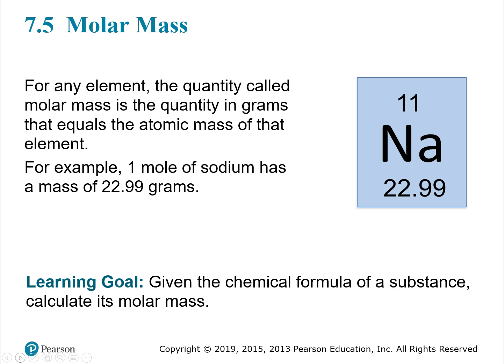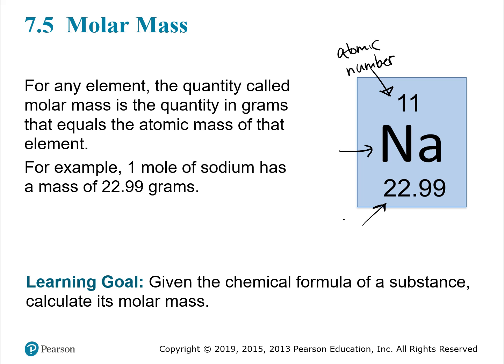So we talked about the mole. Now we're going to add on to that concept. Let's say that we have a mole of sodium. That's Na. If we look at the periodic table, you'll see two numbers for it. That top number is the atomic number. We've talked about atomic numbers before.